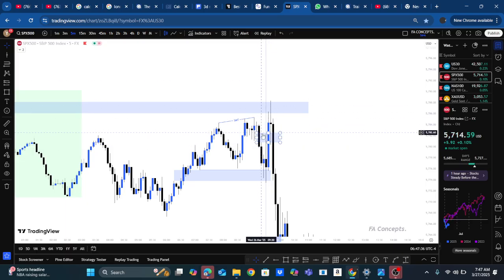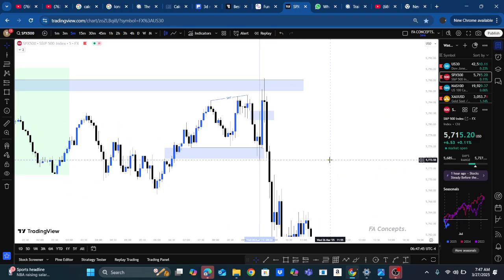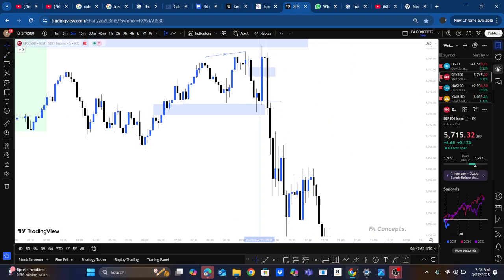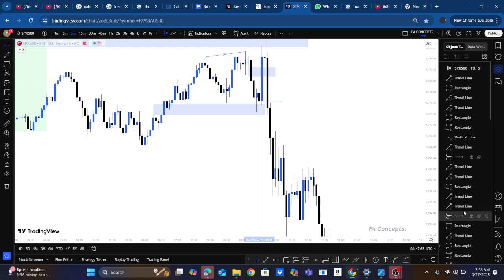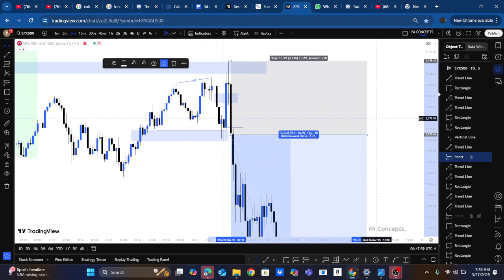And then we saw it turned into the inverse, but we got run through again, which is where I entered, right? So this change in the state, and I entered here shorts right after the change in the state, right?